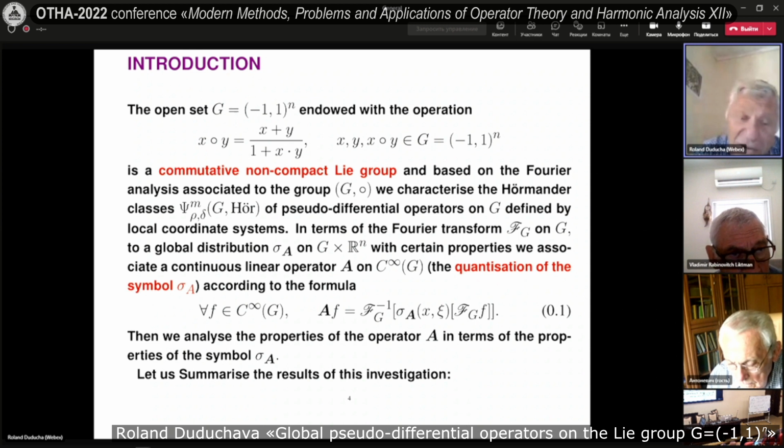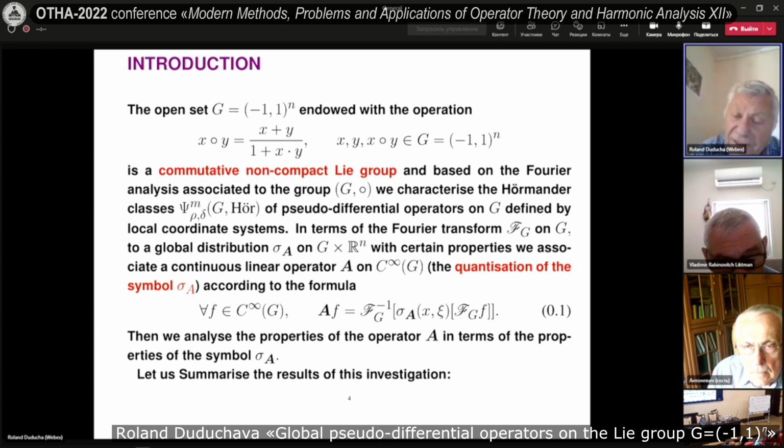That enables us to define the Hormander class of pseudo-differential operators on this group, by quantization, for a certain class of symbols which satisfy Hormander-like inequalities.